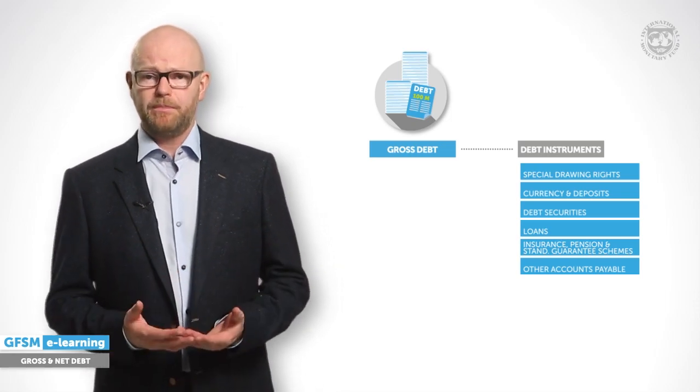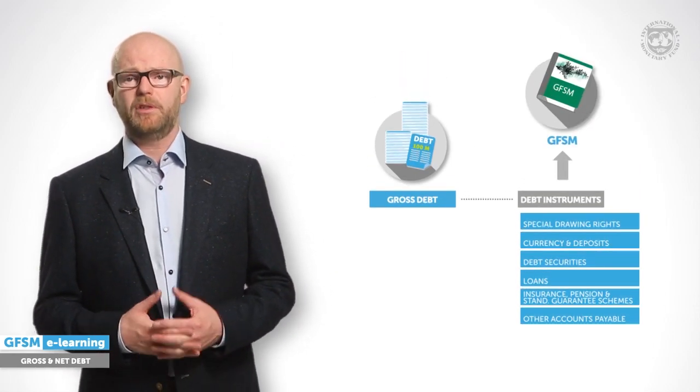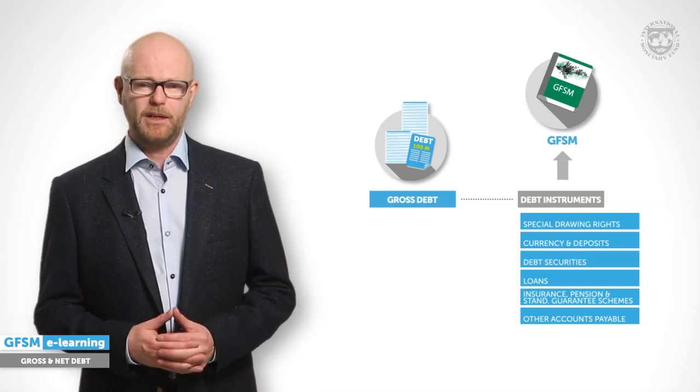And GFSM takes a comprehensive perspective, including all the respective debt liabilities. Yet currently, not all countries are equally equipped to compile a complete set of data on total debt liabilities. Some countries, for instance, only publish data on a subset of instruments, such as debt securities and loans. You thus have to pay attention to what debt instruments are actually covered if you look at debt figures.